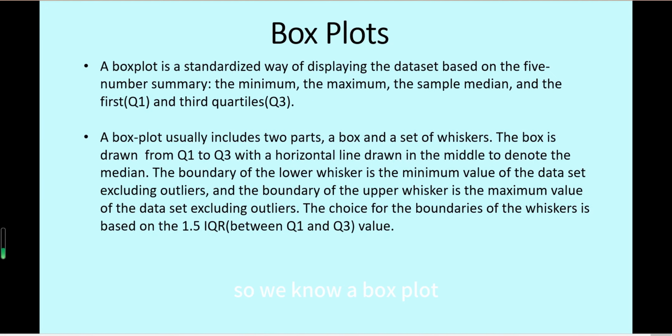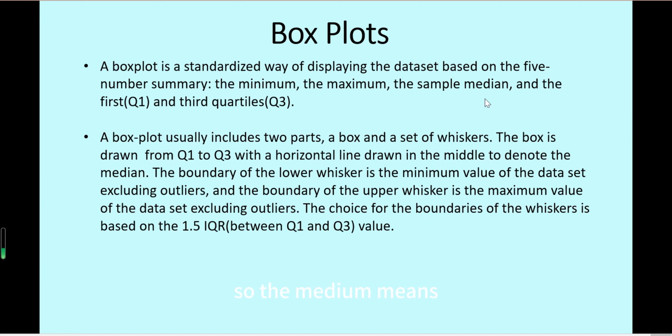So we know a box plot is a statistical plot which shows the distribution of random samples, and specifically it displays the five-number summary in statistics. So this is the minimum, maximum, the median, and the first quartile and the third quartile.